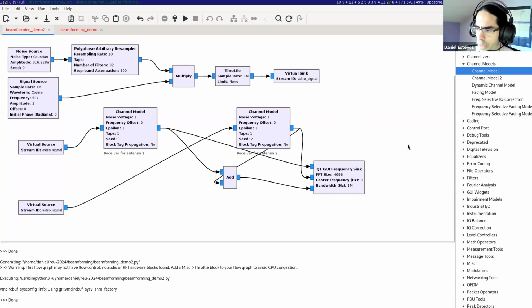When the source is rising on the east, the signal arrives at antenna number 2 first, and then it arrives at antenna number 1, because it's traveling in this direction. So there is a delay. Antenna 1 is going to receive the signal from the source with more delay than antenna 2.